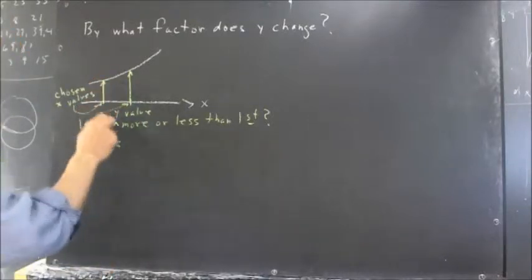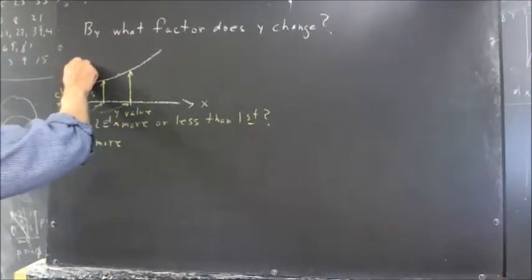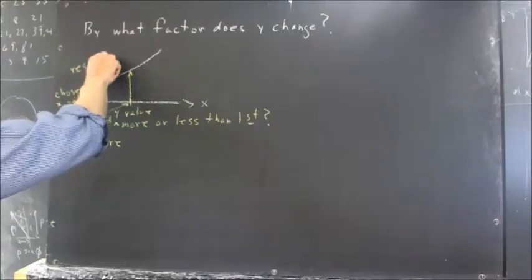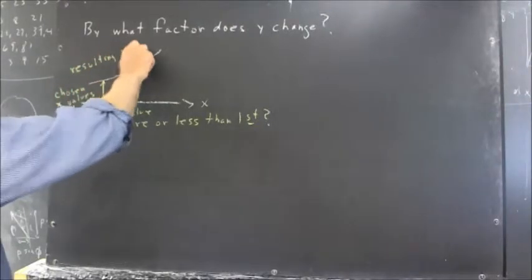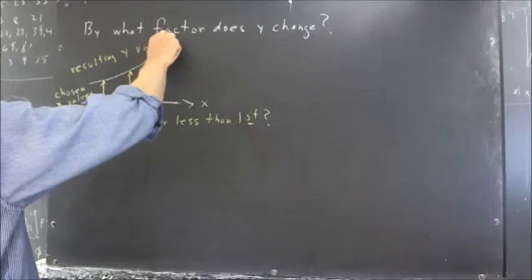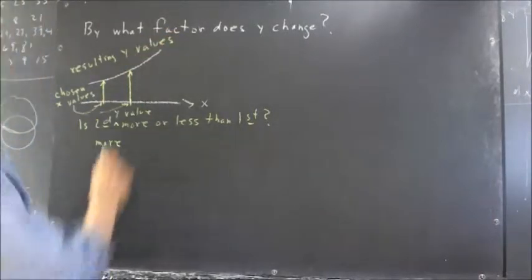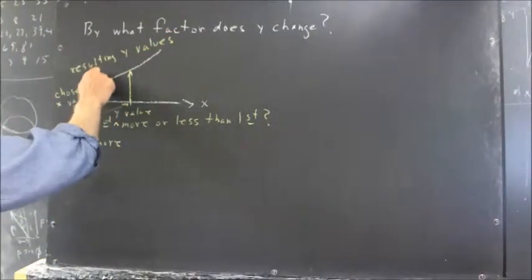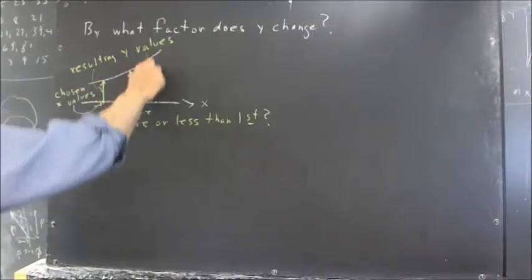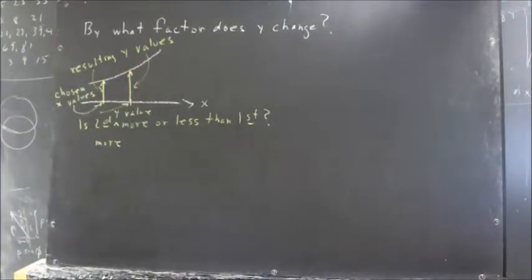And here are the resulting y values, indicated by the arrows. Well, is the second y value more or less than the first? More, clearly.